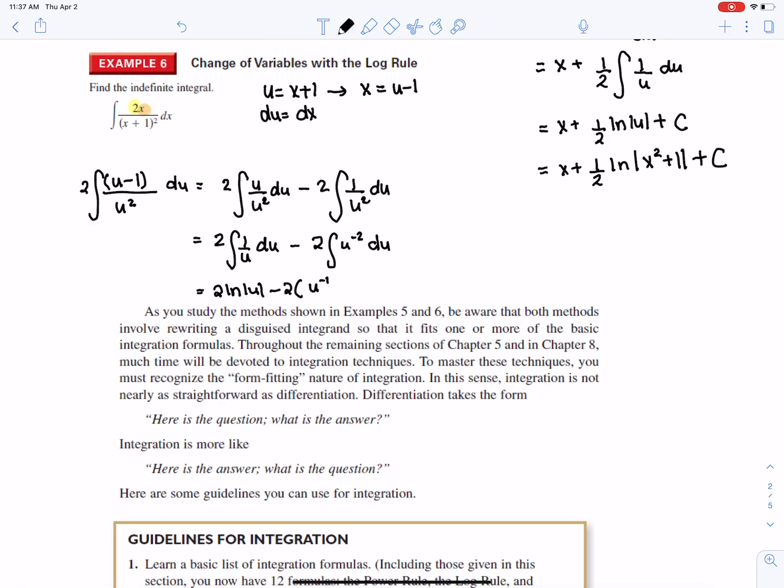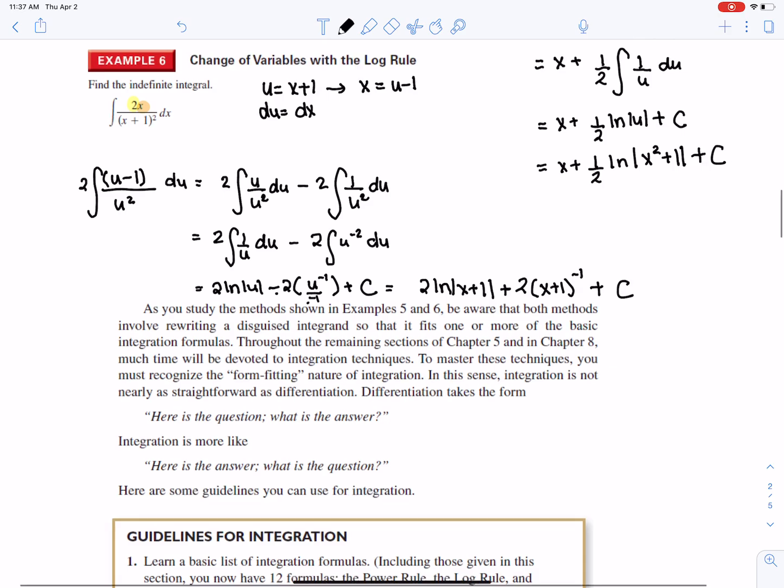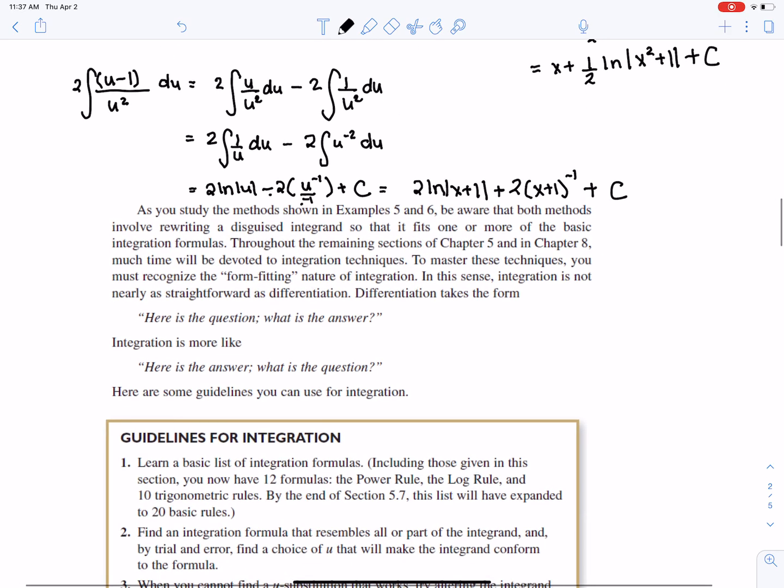So u to the minus 1, divide by the minus 1, plus my arbitrary constant, and I'm ready to sub my u back in. 2 ln x plus 1 plus, because these two negatives will cancel, 2 x plus 1 to the minus 1 plus my arbitrary constant. Again, you can always take the derivative of your answer to go back and check.